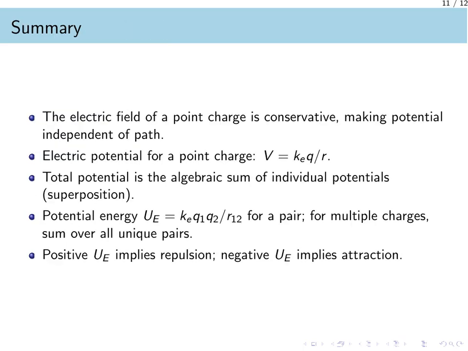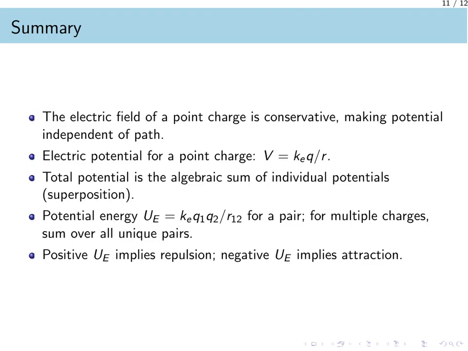To summarize our lecture, the electric field created by a point charge is a conservative field, which makes the electric potential difference between 2 points entirely independent of the path taken. The electric potential for a single point charge is calculated as the Coulomb constant times the charge divided by the distance.